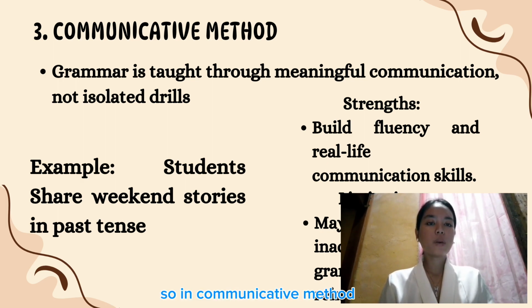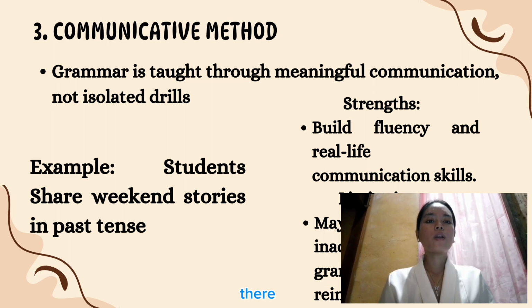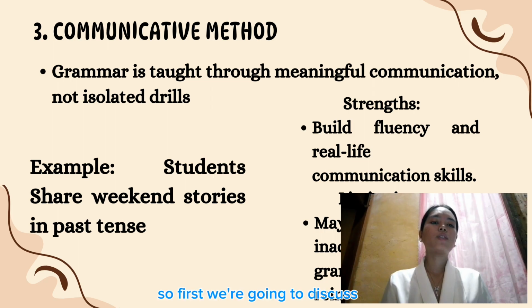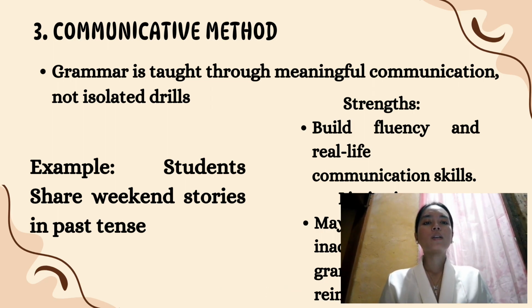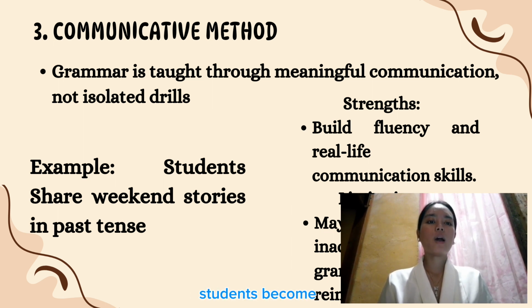So in the communicative method, there are strengths and limitations. So first we're going to discuss its strengths. The strength is that it builds fluency. It means that the students become more comfortable and confident in using the language.